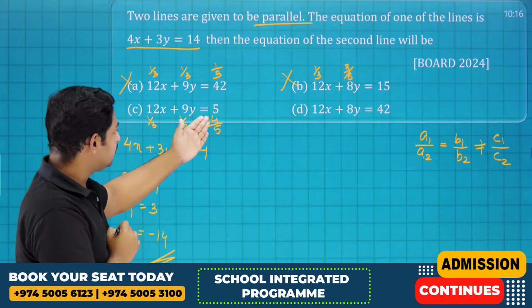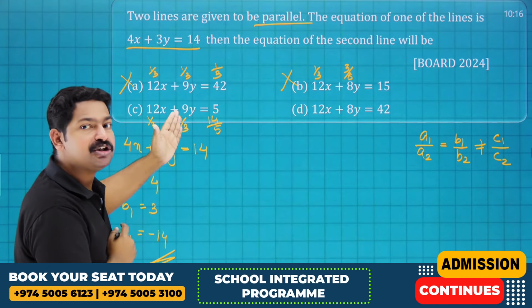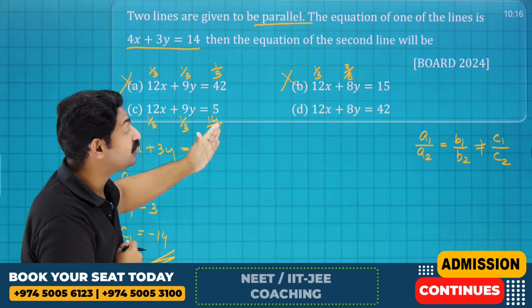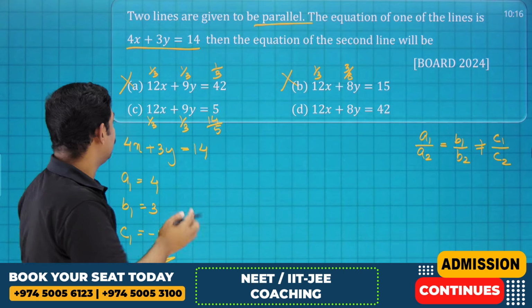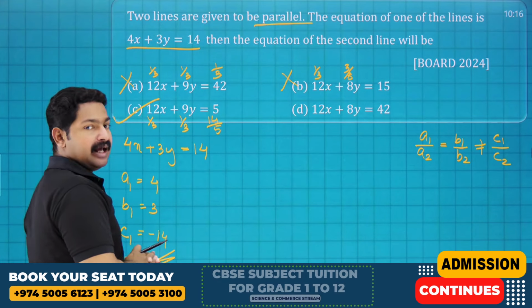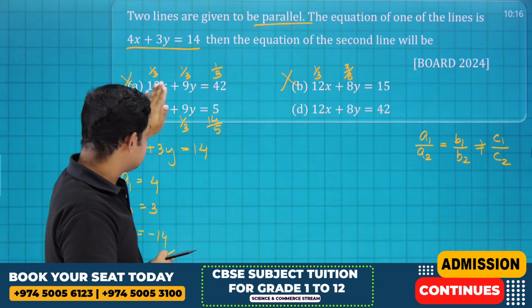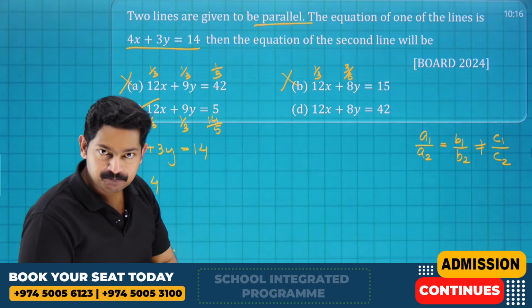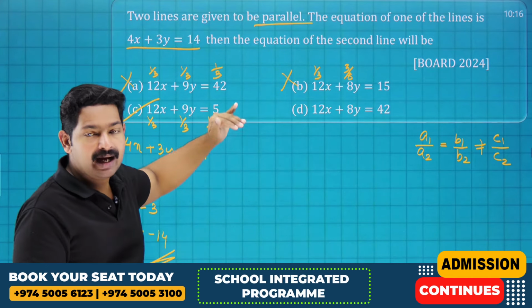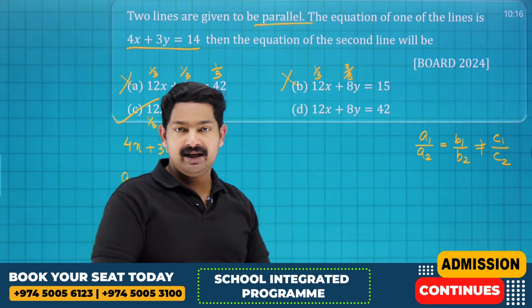So A1 by A2 is equal to B1 by B2, which is not equal to C1 by C2, which is the condition that we need. So option C is the correct option: 12x plus 9y equal to 5 is the second equation, where the pair of equations will graph as parallel lines.